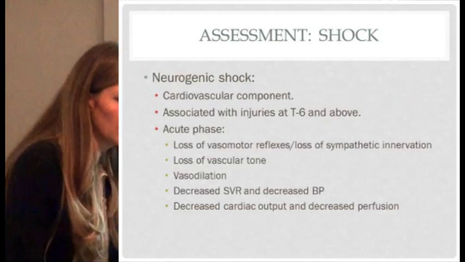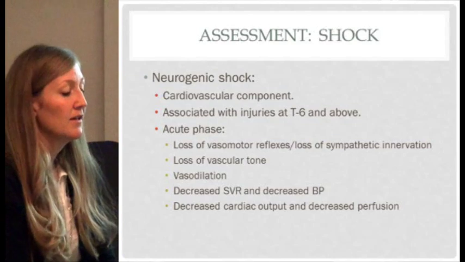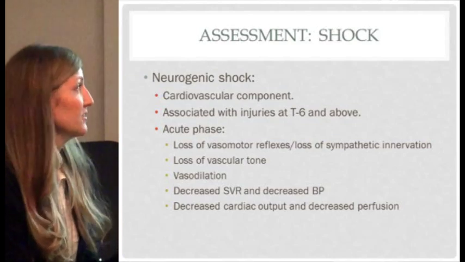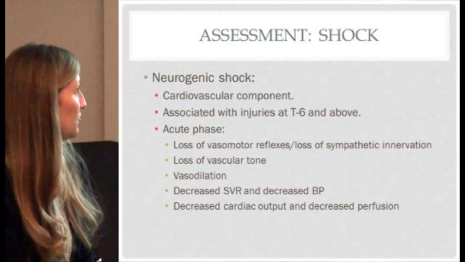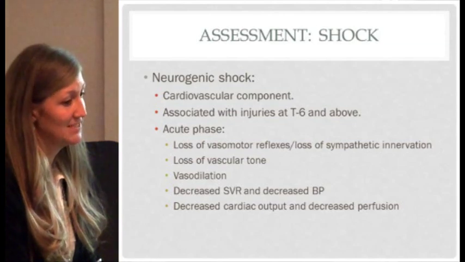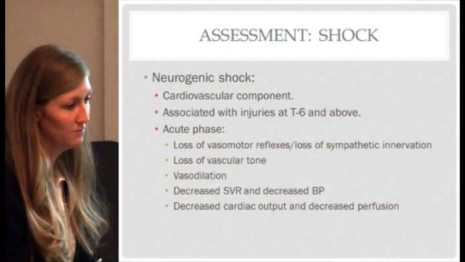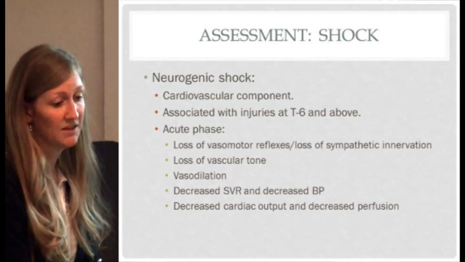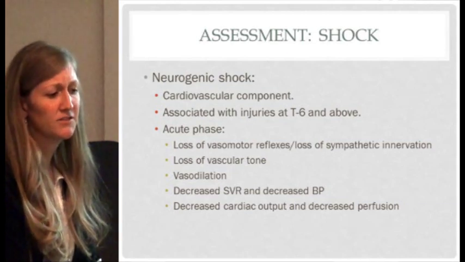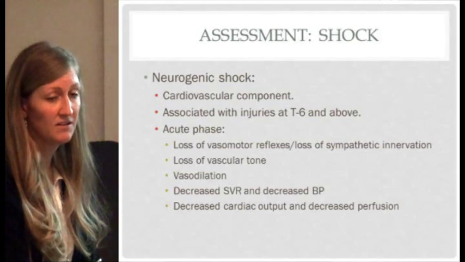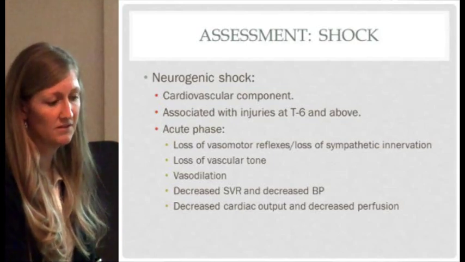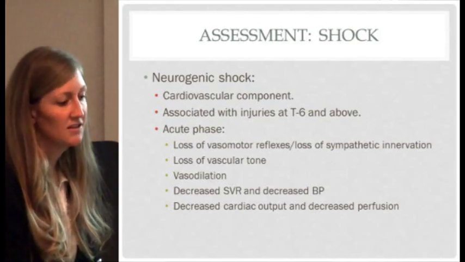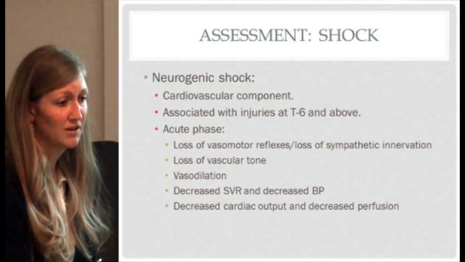So, shock. The neurogenic shock has a cardiovascular component, and it's usually associated with injuries at or above T6. So there's an acute phase: a loss of vasomotor reflexes, loss of sympathetic innervation, loss of vascular tone, vasodilation, decreased systemic vascular resistance, decreased blood pressure, decreased cardiac output, and decreased perfusion.